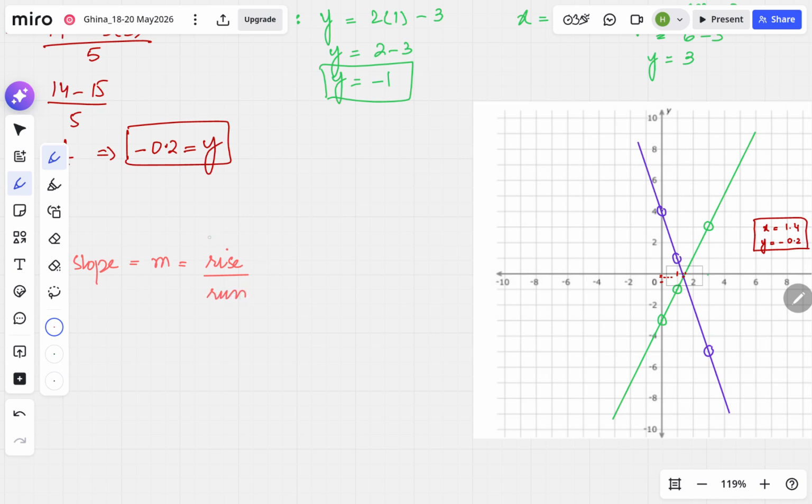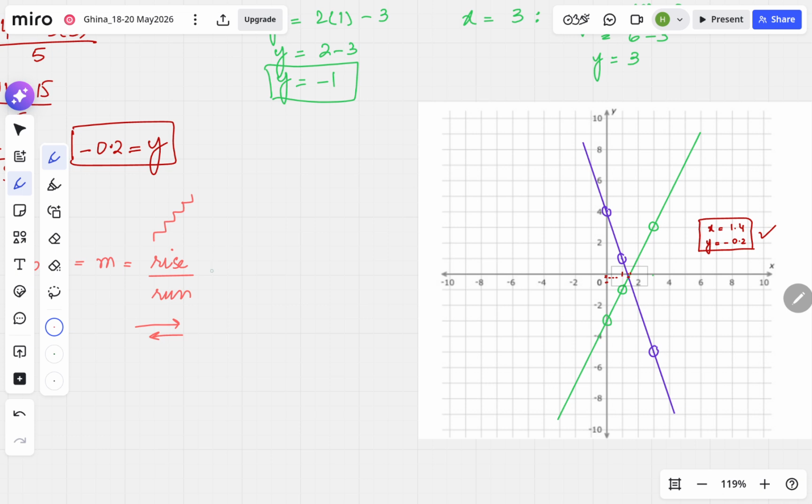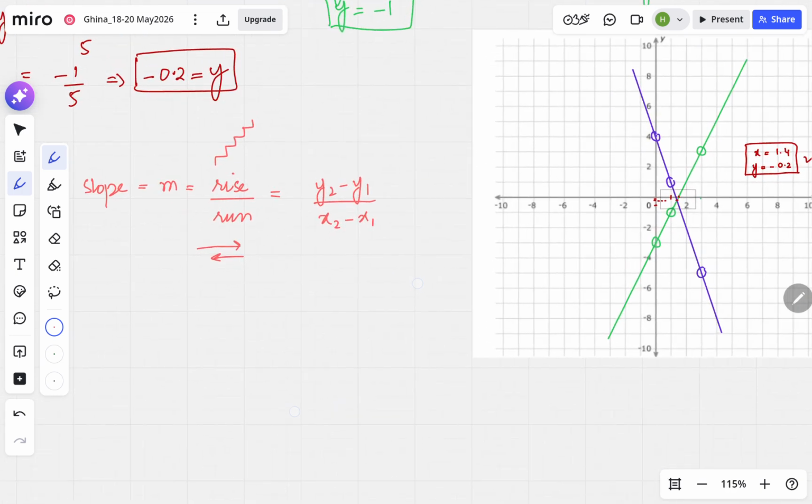Rise is like you are rising with a ladder, or going up the stairs, and run is when you run on the horizontal surface, going to and fro. So rise is y2 minus y1, divided by run, which is x2 minus x1. So you can put in the values and get your slope.